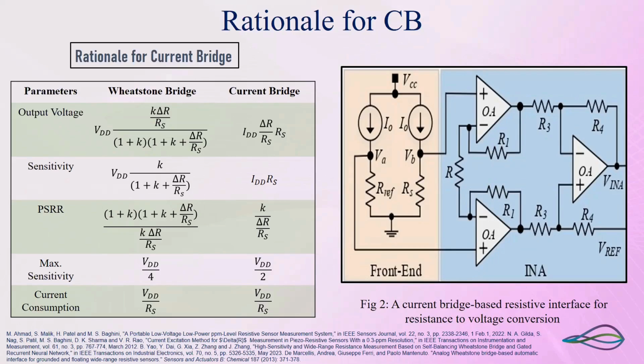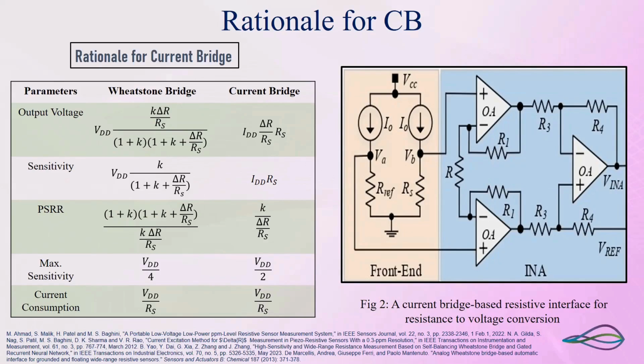So to overcome these factors, what we have done, we have used two constant current sources instead of the 2 resistors. Because of this, what happens? The current generation is controlled by a simple resistor, an adjustment resistor, in the constant current source. So you get a better power supply rejection ratio.